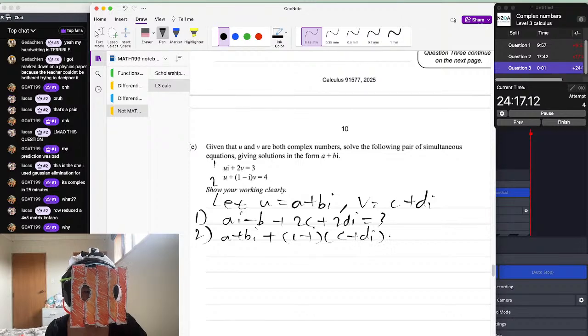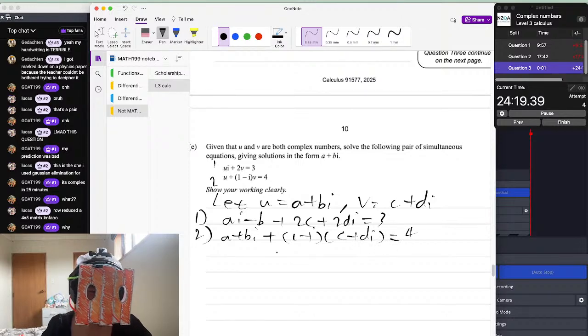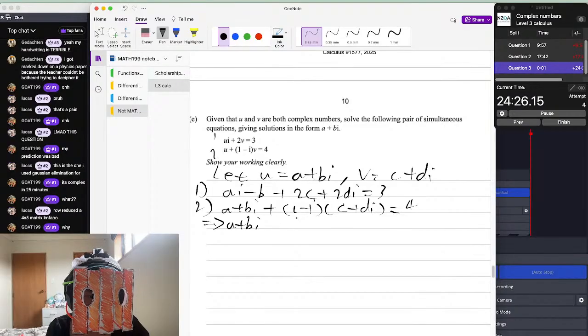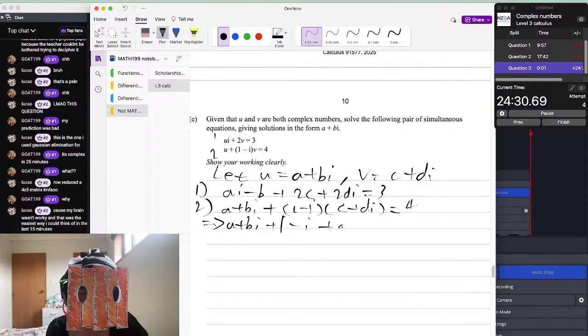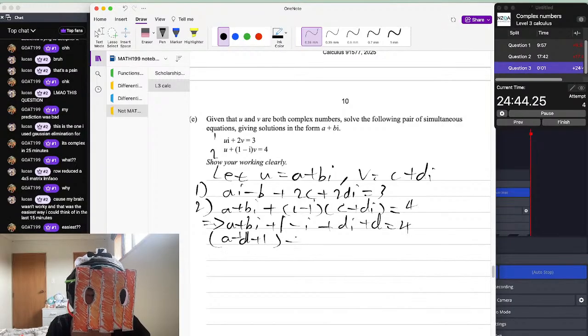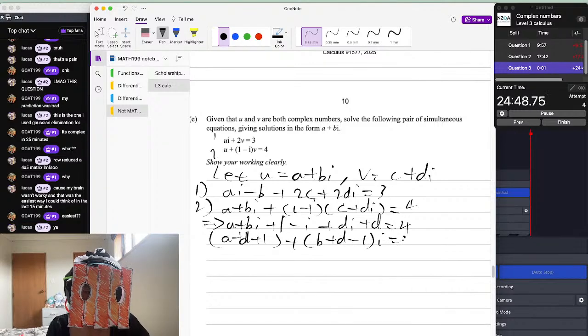You use Gaussian elimination on this. Okay, I see the reason. Plus 1 minus i plus di, and plus minus i, that's d equals 4, and a plus d plus 1 plus b plus d minus 1 i equal to 4.